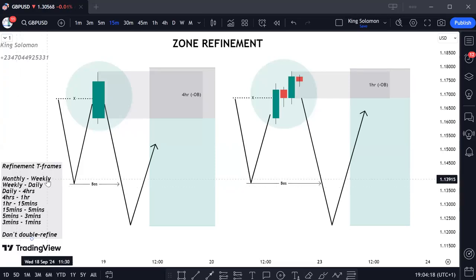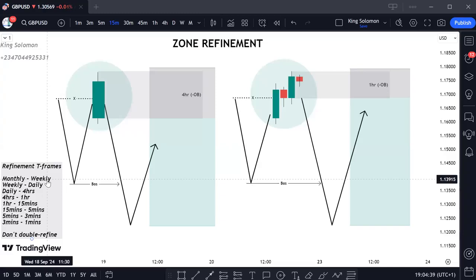But what you're going to experience over time is that you're going to be missing so many of your valid trades, right? Even for those who refine their zones, I will tell you that sometimes we still miss entries because of the zones that were refined.